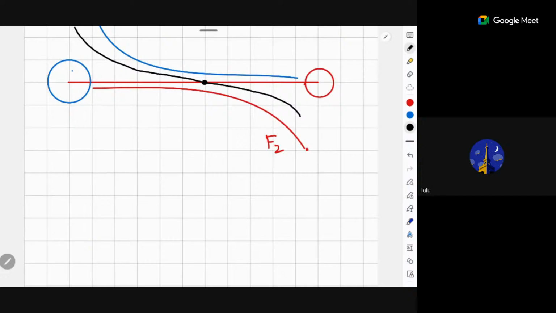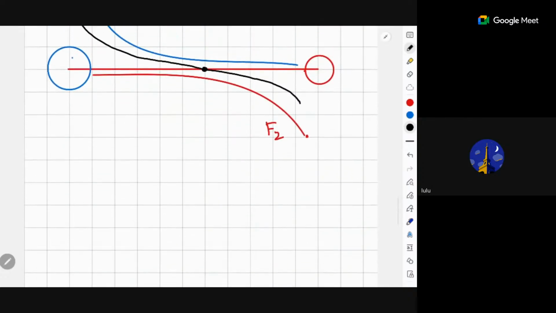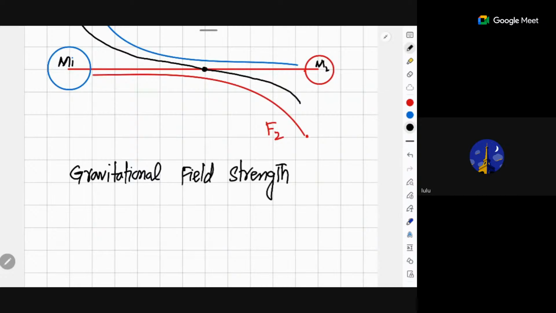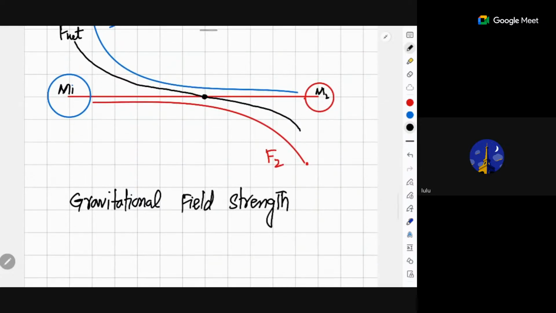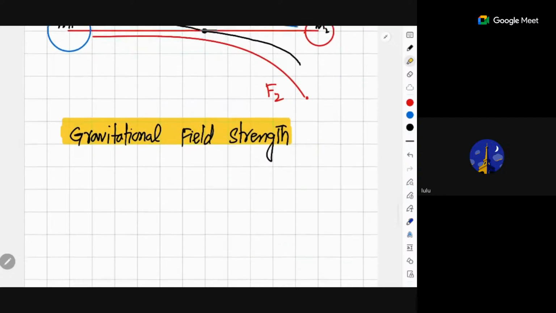Although I'm not going to discuss it in detail here, gravitational field strength follows the same pattern. It is basically the force per unit mass.